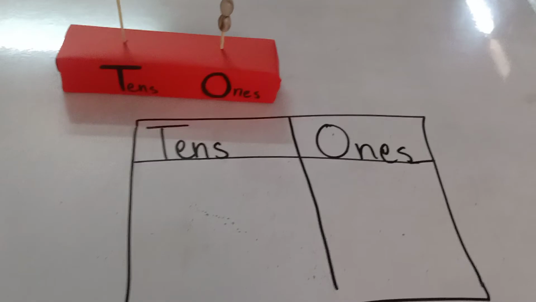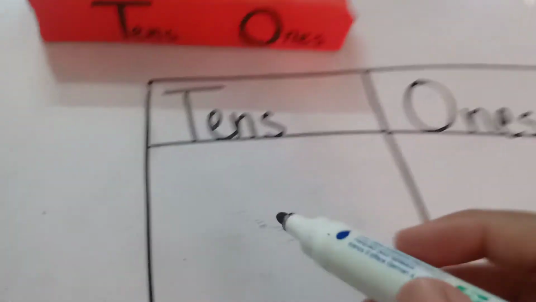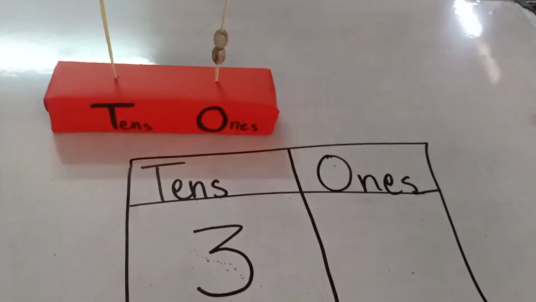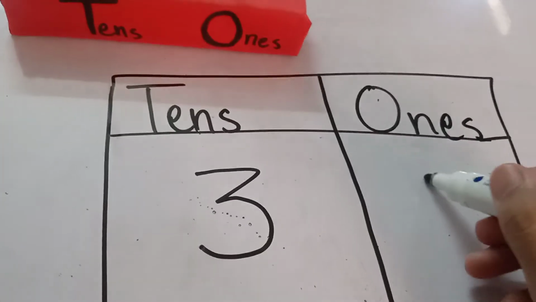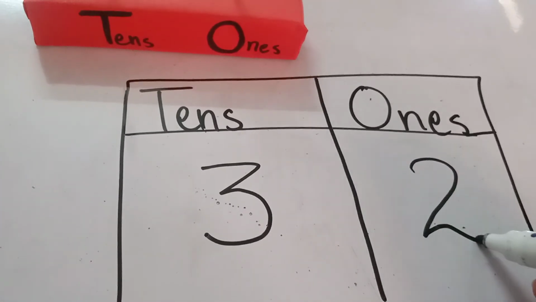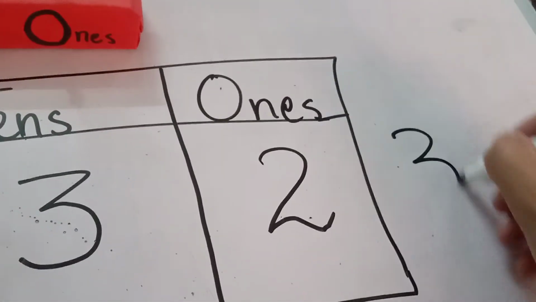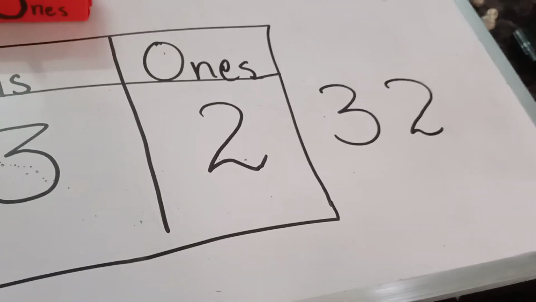Now how many tens are there? 1, 2, 3. So we are going to write 3 in the tens box. And how many beads are in ones? There are 2 beads in ones, so we are going to write 2 in the ones box. So the number we have is 32, which means there are 3 tens and 2 ones.